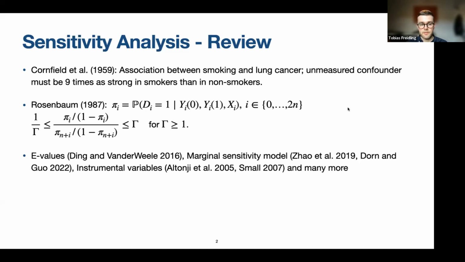I just picked a couple of things here, for example, the E-values or the marginal sensitivity model, which I think even goes back to a paper by Tan in 2006. There are some methods for instrumental variables and many more, like time series, non-parametrics. So it's actually quite a big literature being built up in the last couple of years.